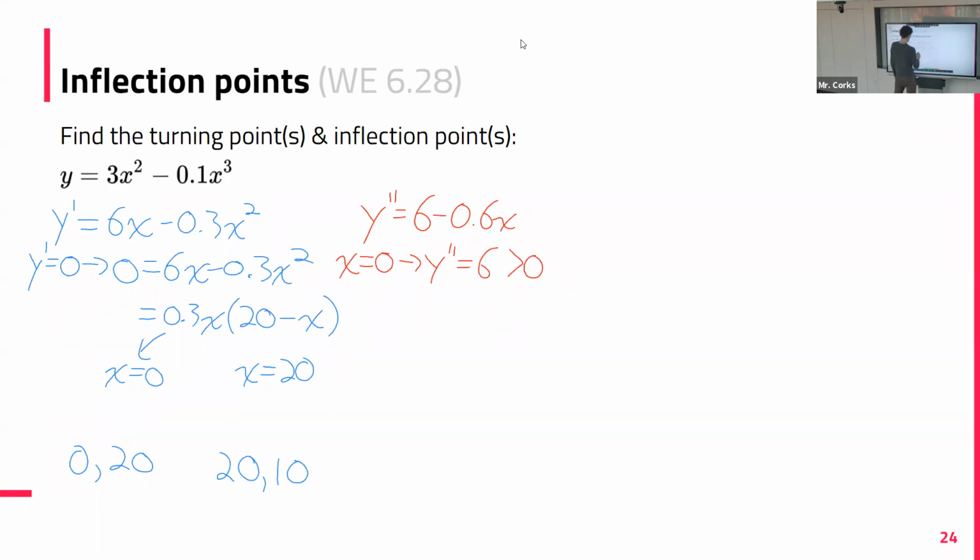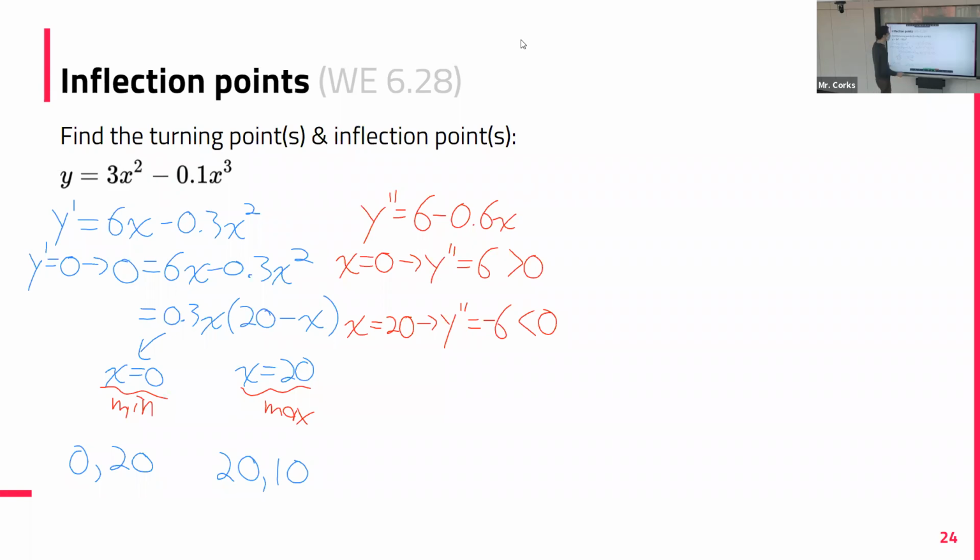All right. And when x is equal to 20, second derivative will be equal to -6. And then that's less than 0 here. Okay. So at x equals 20, what do we have? Maximum points. And when x is equal to 0, we have a minimum point.